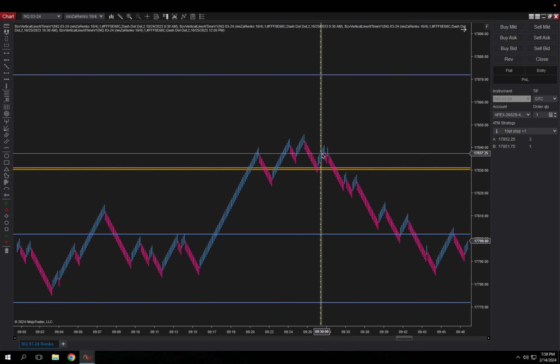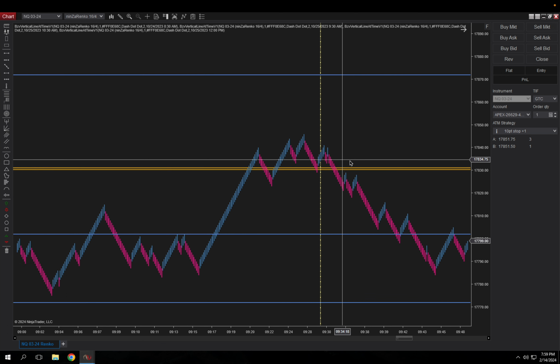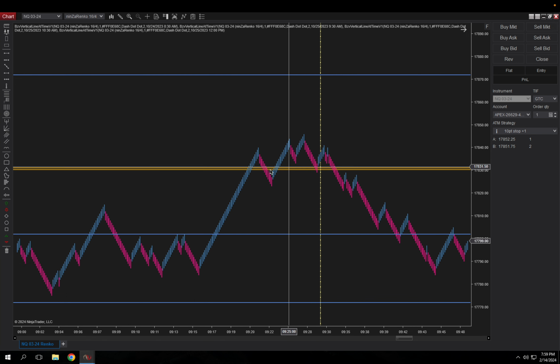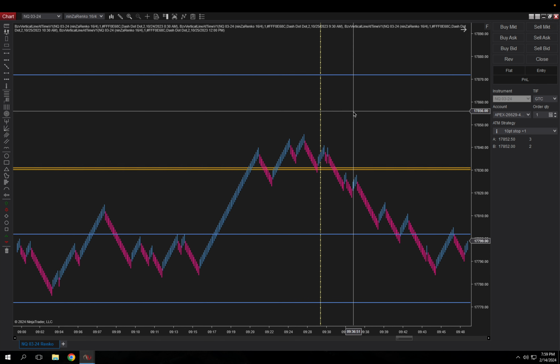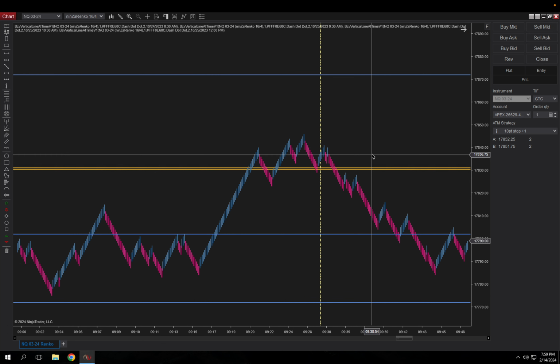But the problem is, just don't get so antsy until the next TPO. You just never know. So you could do one of two things. You can wait till the next TPO and see what it brings. If it ends up taking off, then guess what? You wait till possibly a pullback, then you can join in.